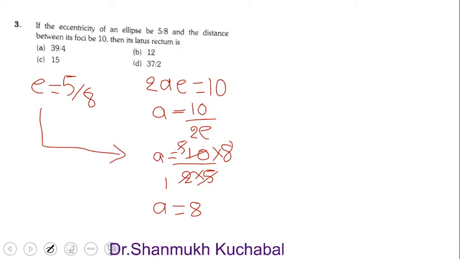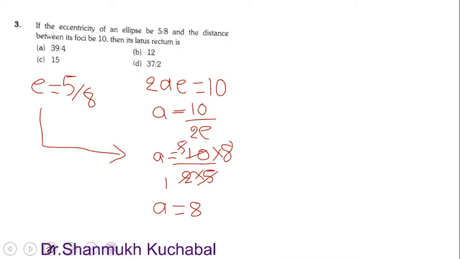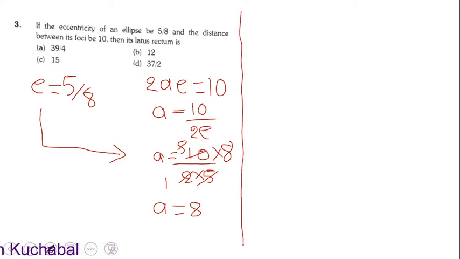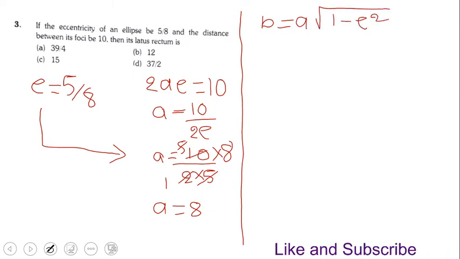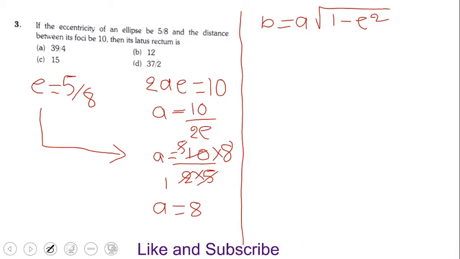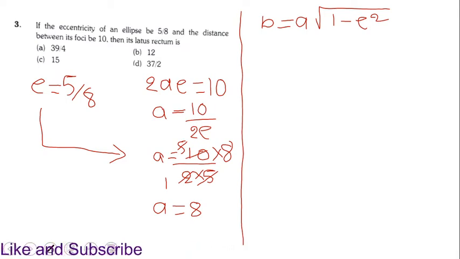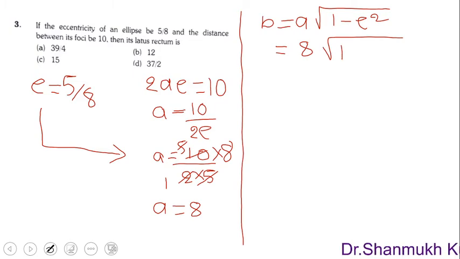Now, using the relation between A, B and E, we have to write the formula. It is B equal to A times the square root of 1 minus E square. In this we know the value of A and E, so we substitute A and E values and calculate B. A is 8, which we have calculated, times root of 1 minus E square.